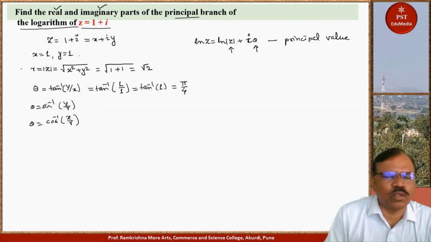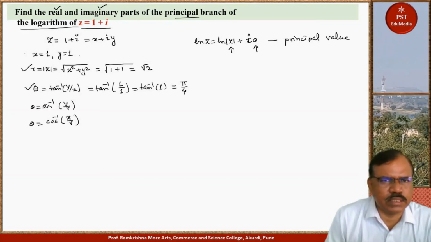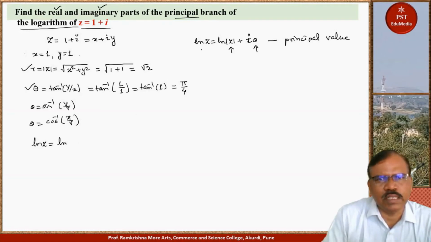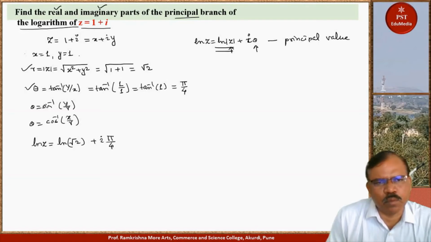So the modulus of z is this, and the argument of z is theta. So what is log z? Log z is equal to log modulus of z. The modulus of z is root 2, plus i times theta, which is pi by 4.